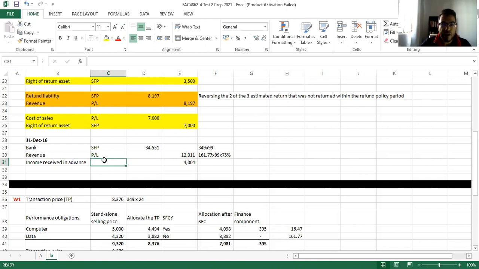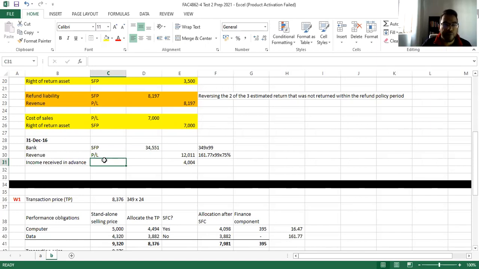Let's just focus on the 162 that relates to the data. That 162 represents the data that we provide in the month of December.